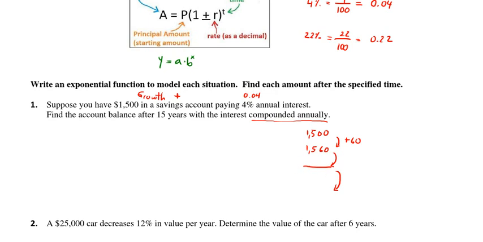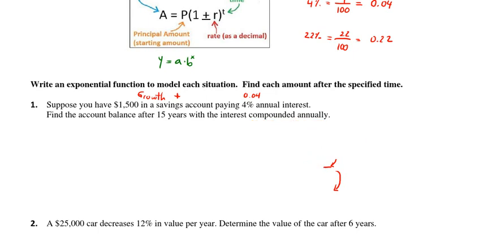So that will mean that the amount in the bank account will grow faster because it's not paying interest only on the original quantity, but also on the interest. So it's paying interest on the interest, which was the $60. That is what compounded annually means.